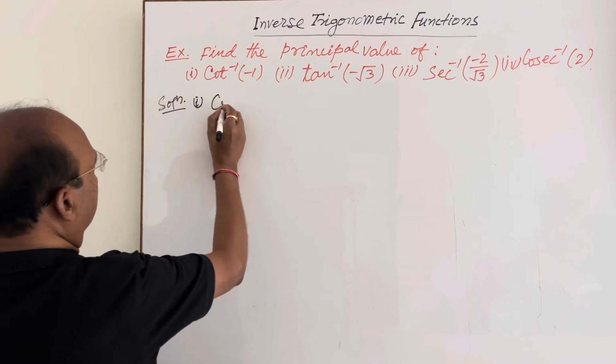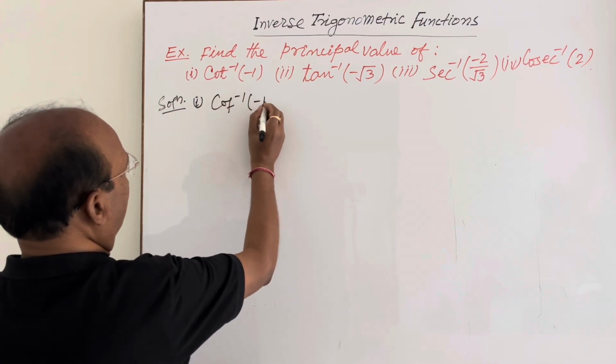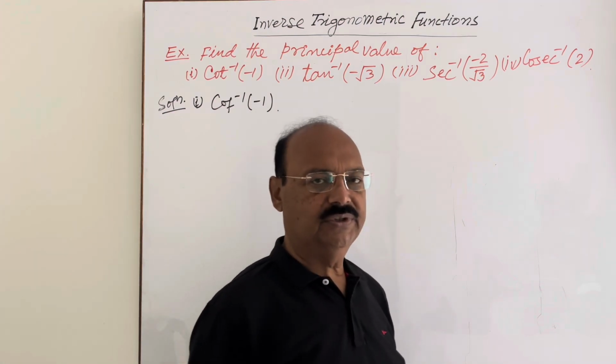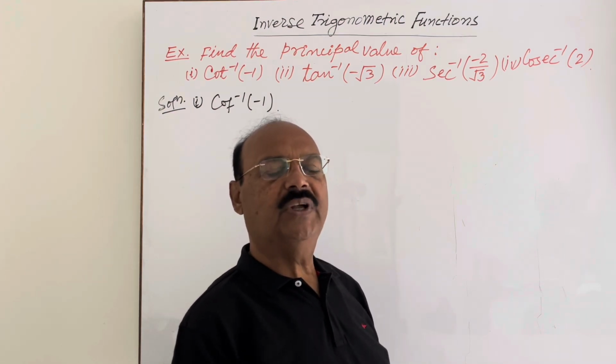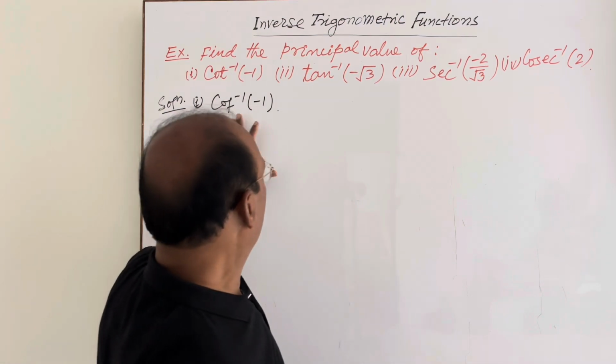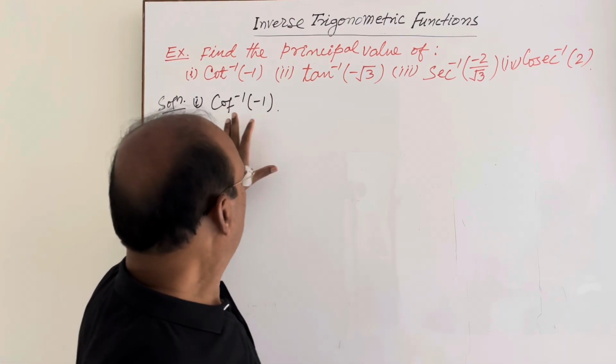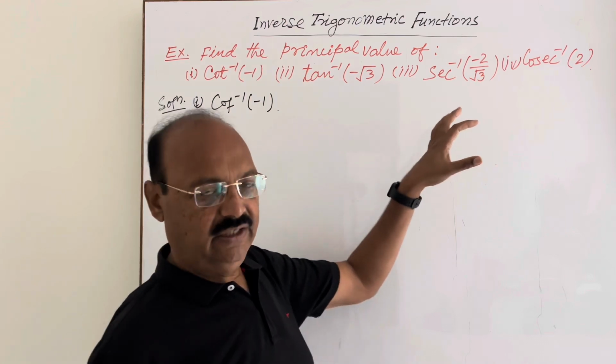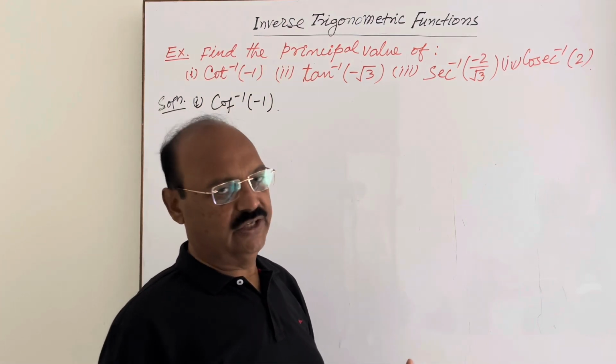The first question is cot inverse of -1. First of all, we should take note of the principal value branch of cot inverse, because the value of cot inverse of -1 should lie in that principal value branch only.